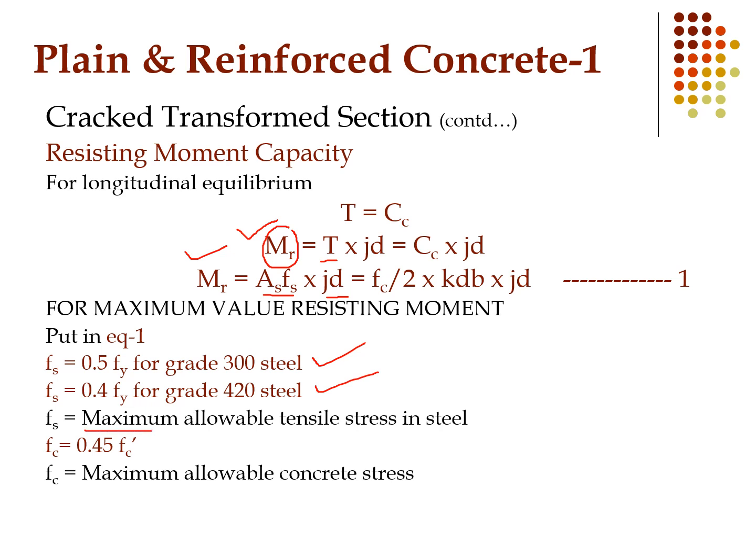The maximum allowable tensile stress in this steel is fs, and if we want to calculate fc, that is 0.45 times fc dash, and fc is the maximum allowable concrete stress. These are the limiting stress values for the concrete and steel.